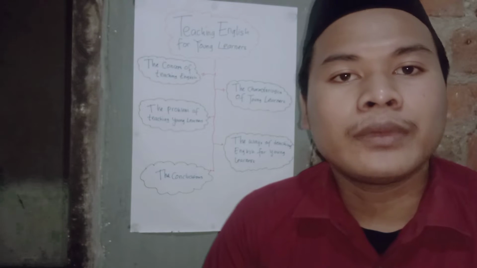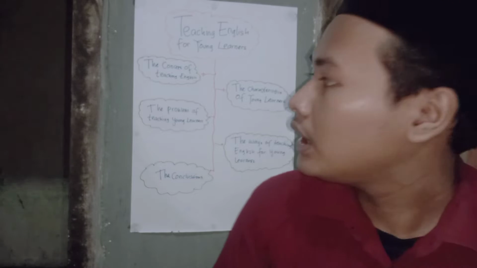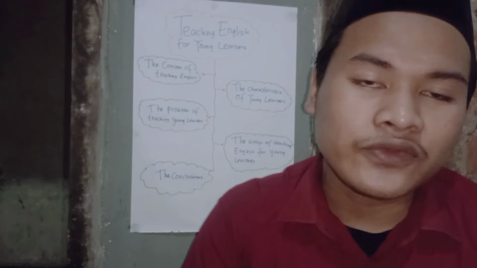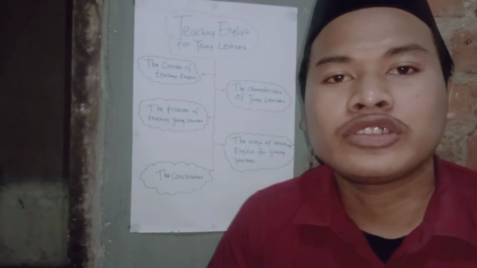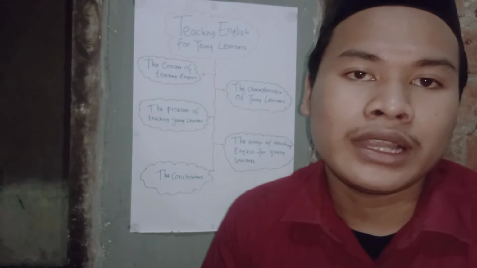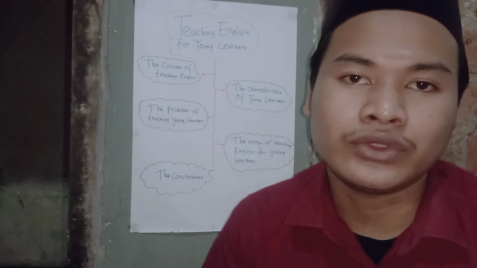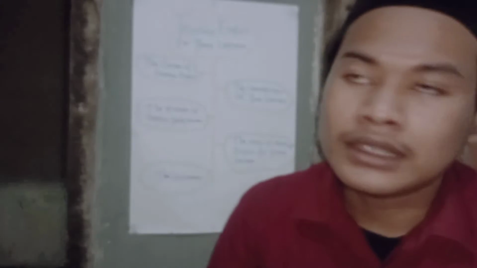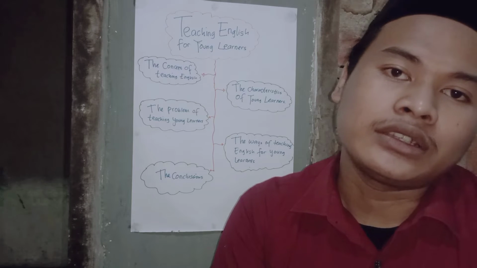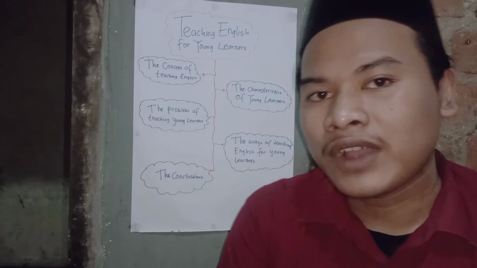In this time, I would like to give you a presentation about teaching English for young learners. This presentation is our academic speaking assignment. I will talk about five things.